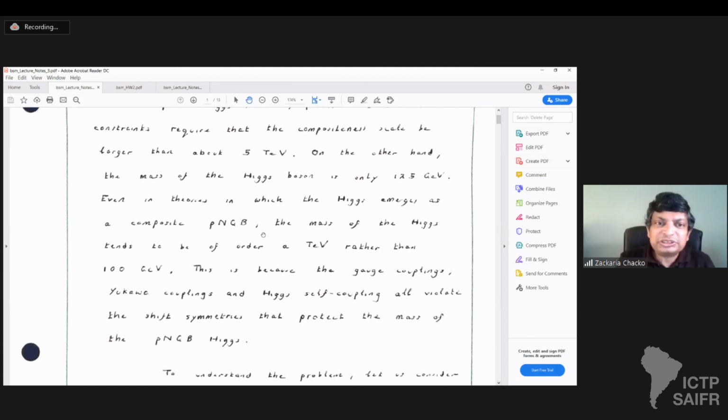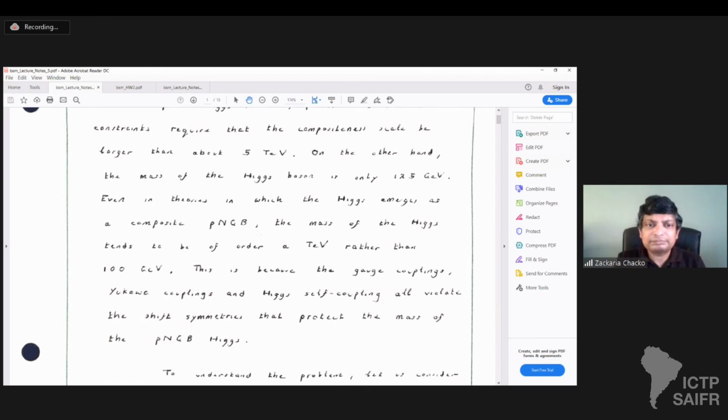But what you'll see is that even in theories in which the Higgs is a pseudo-Nambu-Goldstone boson, the mass of the Higgs tends to be of order a TeV rather than 100 GeV. So in other words, the Higgs is lighter than 5 TeV, but it's 1 TeV, not 100 GeV. It's lighter, but it's not as light as you need it to be.